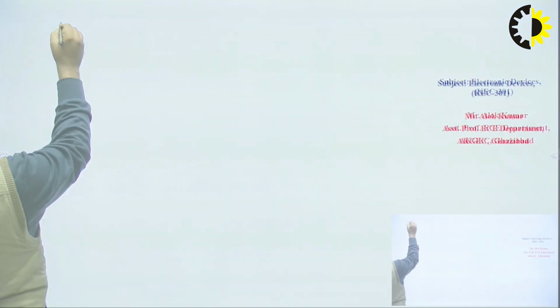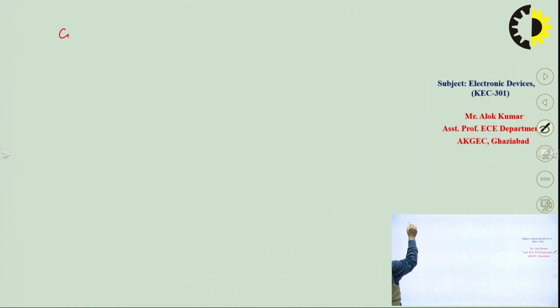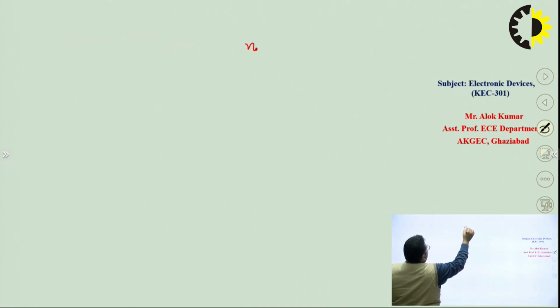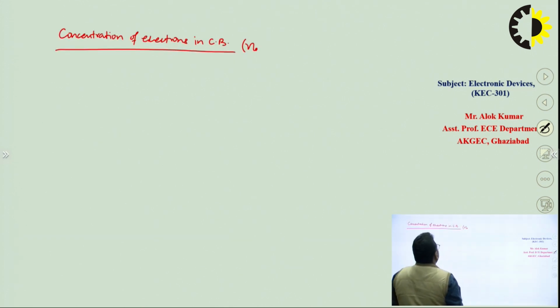First of all, we will calculate the concentration of electrons in the conduction band, right? Or we can say this is N naught.